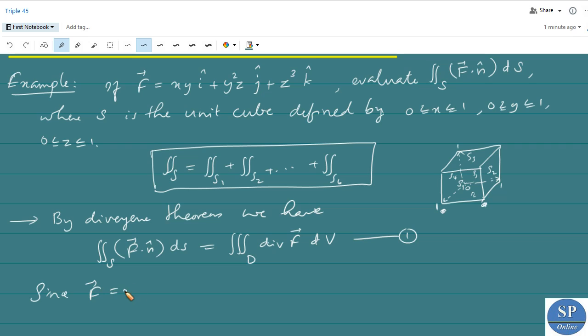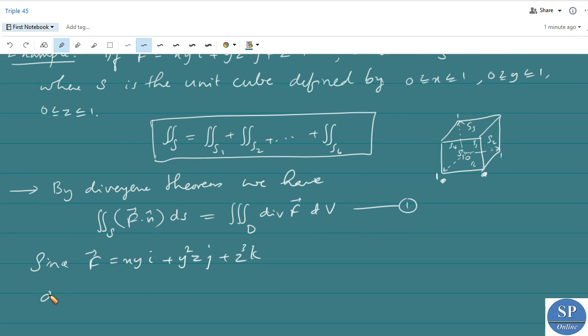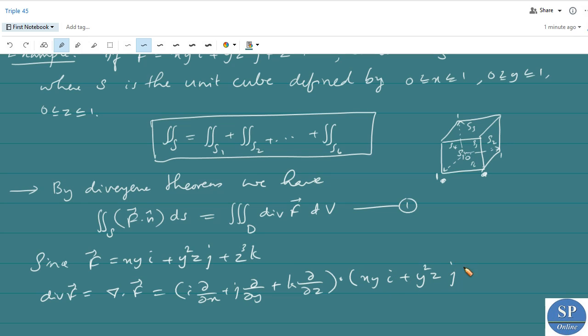Since f is equal to xyi plus y square z into j plus z cube into k, we have divergence of f is equal to del dot f, which is equal to del is i dou by dou x plus j dou by dou y plus k dou by dou z dot f, which is xy into i plus y square z into j plus z cube into k.